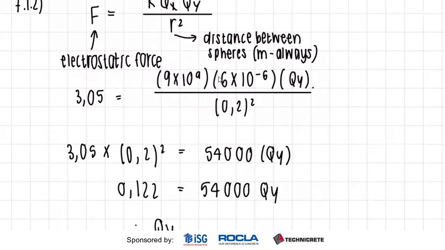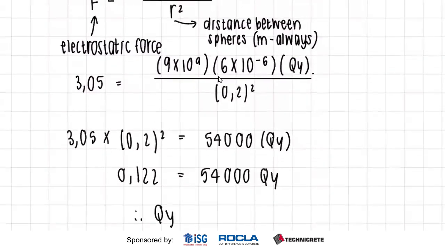Therefore, QY, so what we do now is we go 0.122 divided by 54,000. So QY equals 2.259. We're going to round to 2 decimal places.